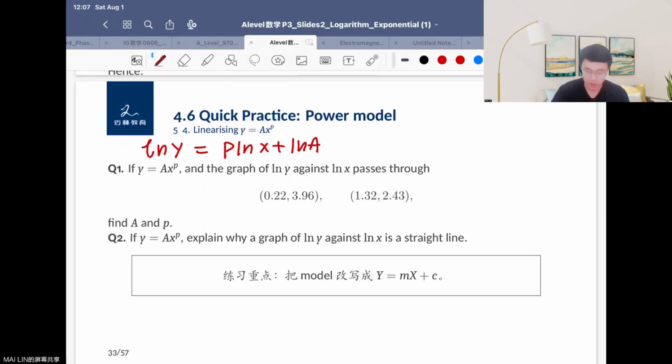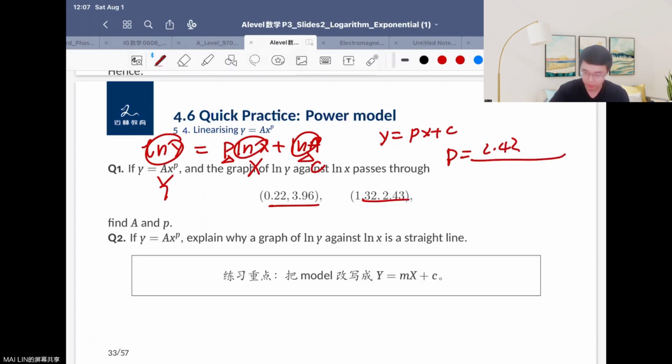You can calculate p and log a because you let log y equal Y, log x equal X, and log a equal c. So Y equals pX plus c. So p equals the gradient of these 2 points, which is 2.43 minus 3.96 over 1.32 minus 0.22. That is p's value. After calculating p, you can calculate log a and then find the exact value. So you can find a and p.